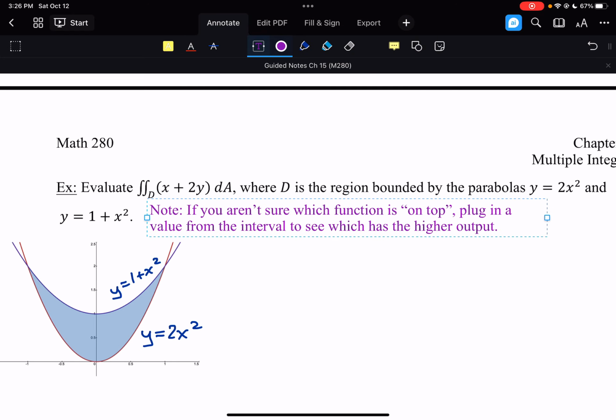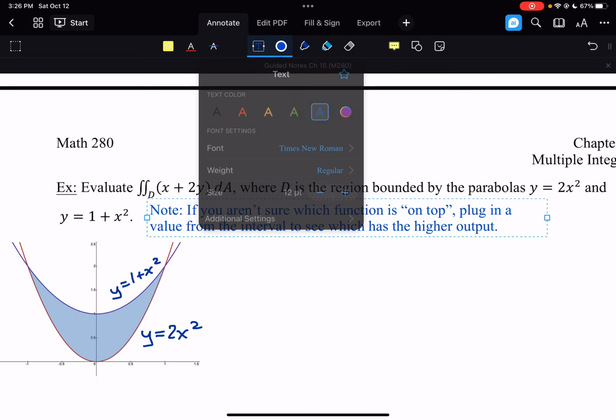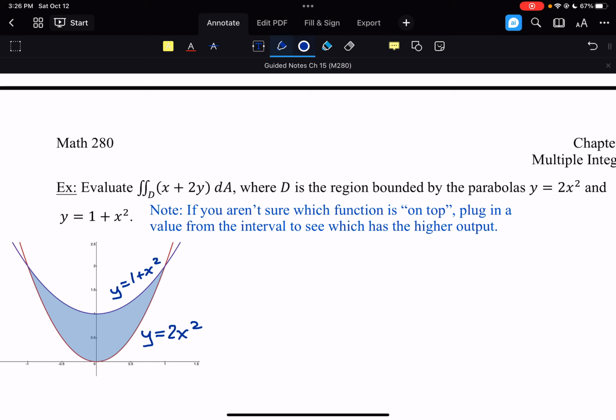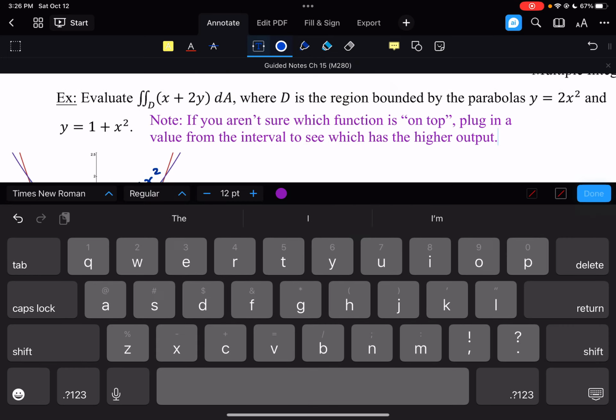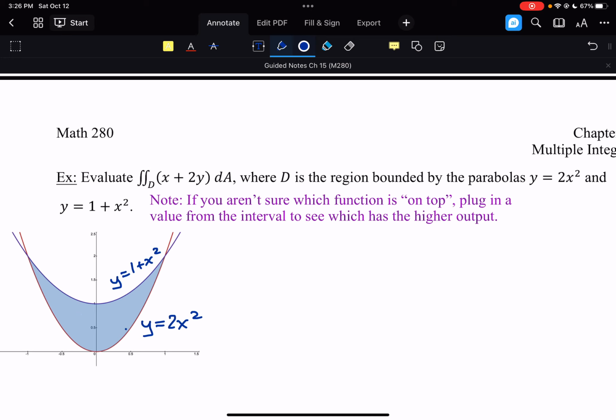All right. So if you aren't sure which function is on top, plug in a value over this interval to see which one has the higher output. So in other words, if you plugged in 0 here and you got its output, that one would give you a 0, but this one would give you a 1.